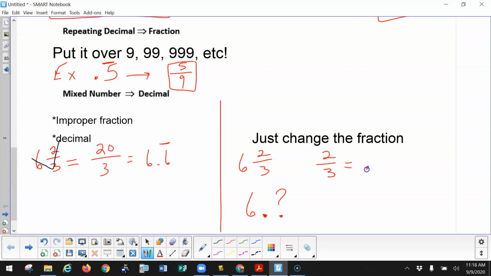It happens to be 0.6 repeating. And then that's what the decimal portion of it is. So it's 6.6 repeating. So you can kind of bypass switching it into an improper fraction if you want, just knowing that the whole part out front is going to remain the whole part out in front of the decimal when you're in decimal form.